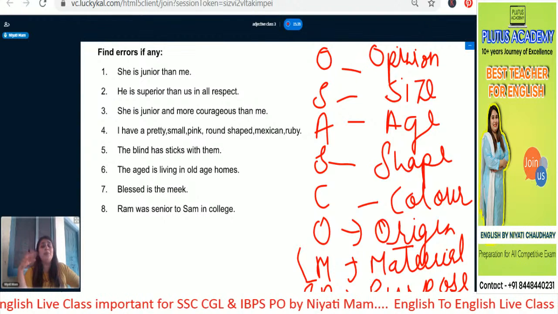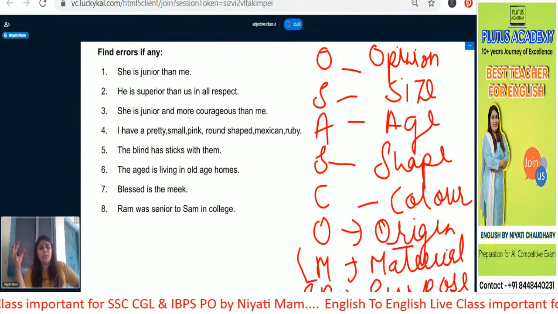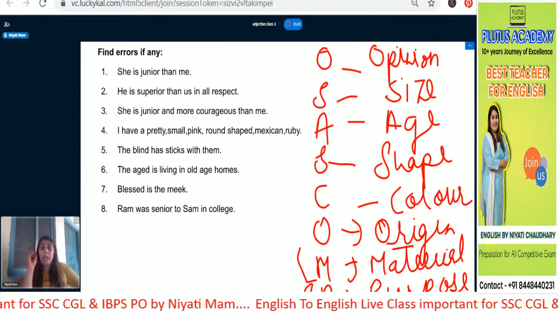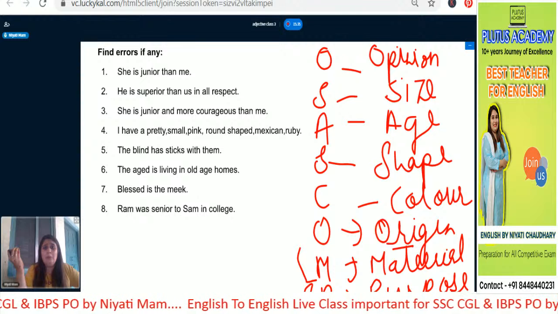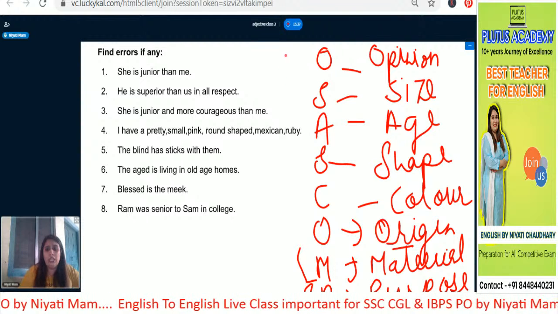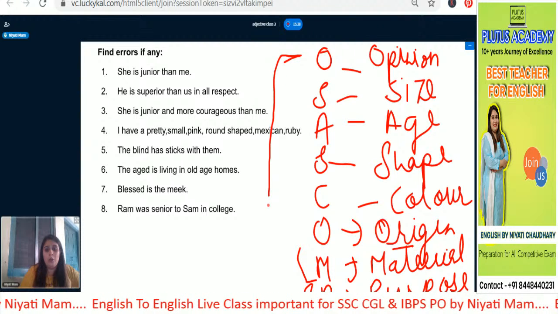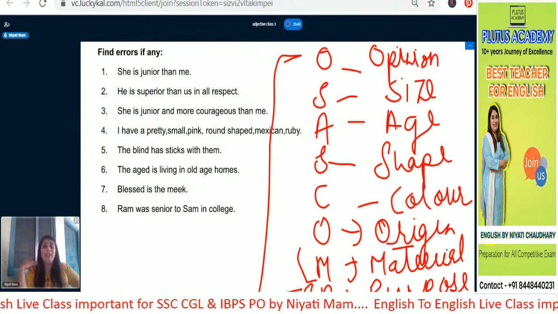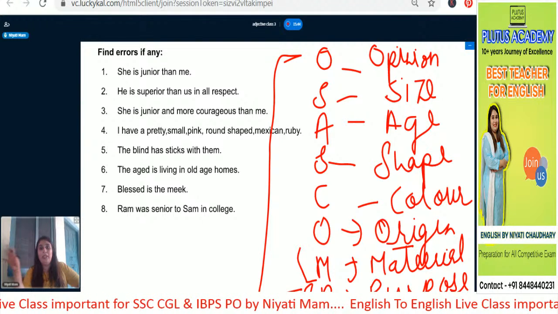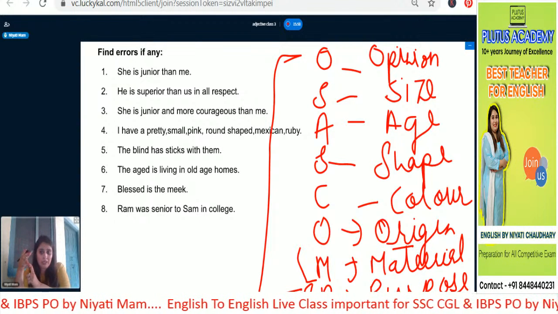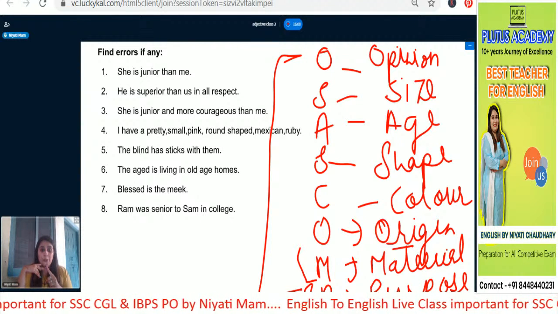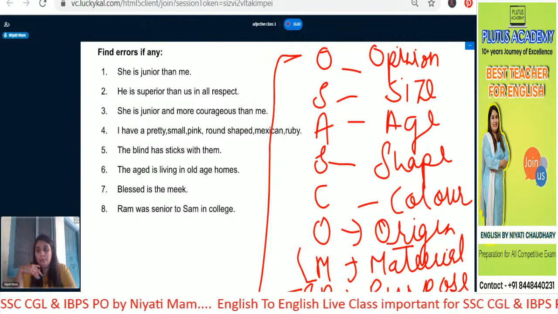Sometimes there are just three adjectives, or sometimes just four adjectives. But whenever writing, you just need to take care of this order. If only opinion, shape, and material are being discussed in the sentence, then you need to remember you always write opinion first. Right? Okay.